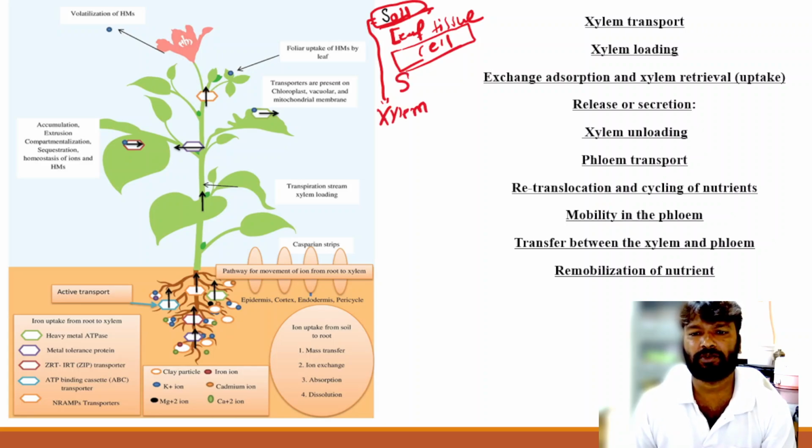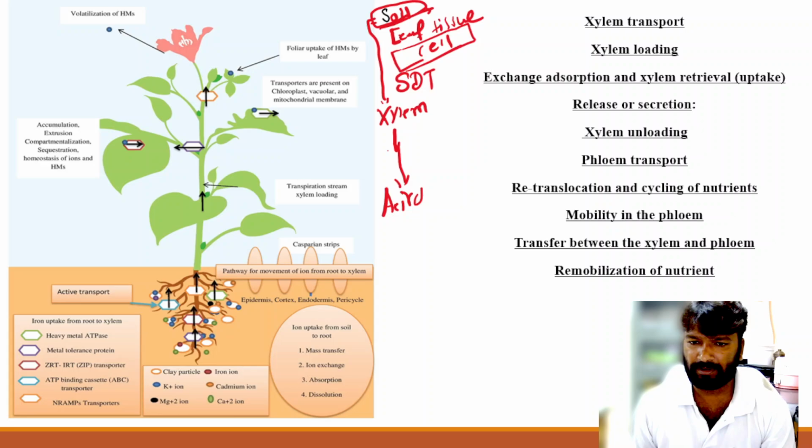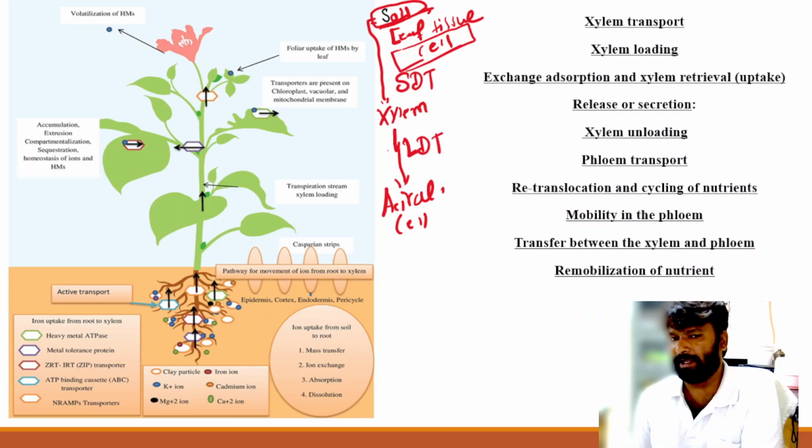This is known as the short distance transport pathway. Then nutrients are transported from the xylem to the aerial portions or the cells. This is known as the long distance transport pathway.